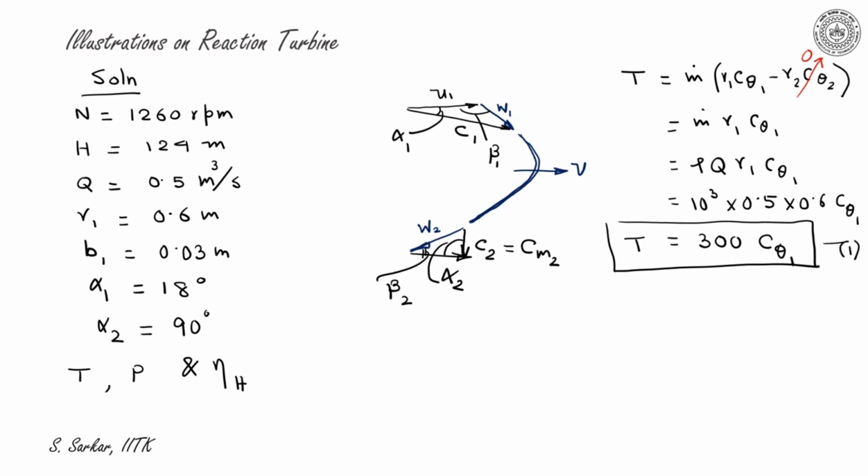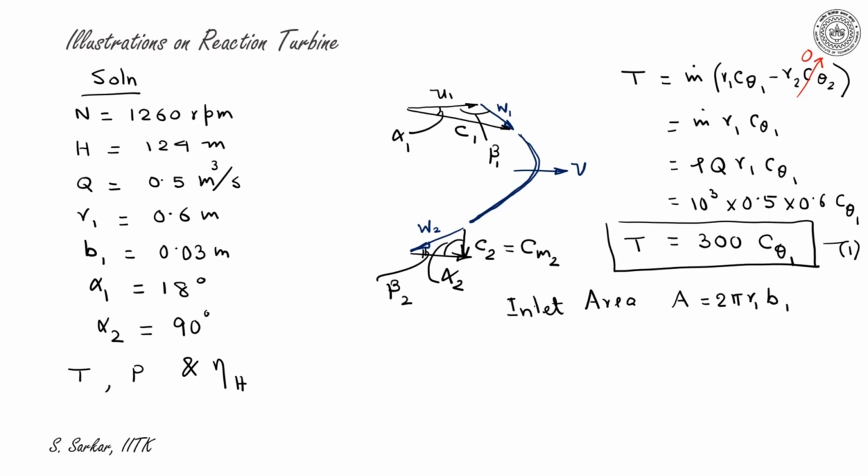Now, inlet area, that's flow area at inlet. If it is A, that would be equal to 2 pi R1 into B1.